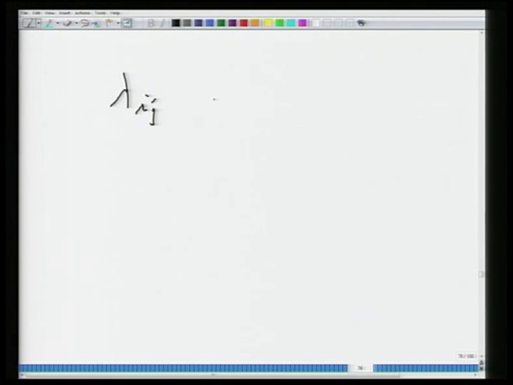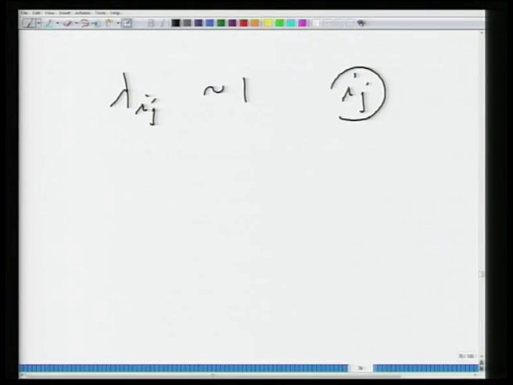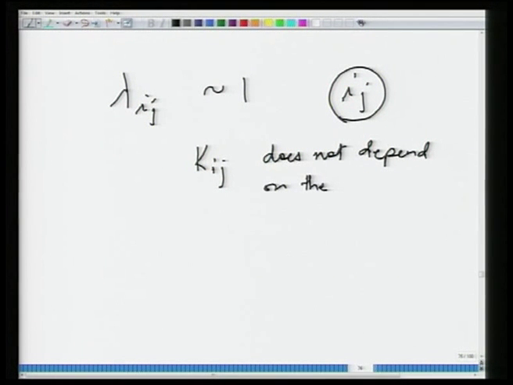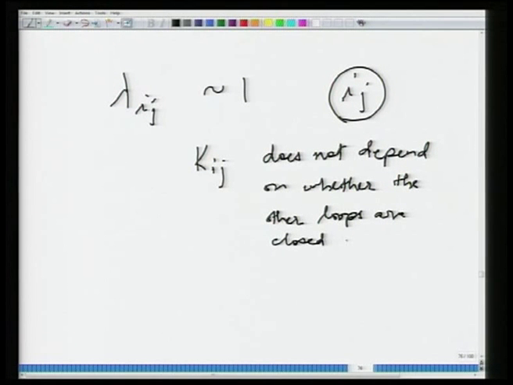Lambda ij is close to 1. What that means is whether the other loops are closed or not, the ijth pair gain k ij does not depend, or depends very little, on whether the other loops are closed or not.